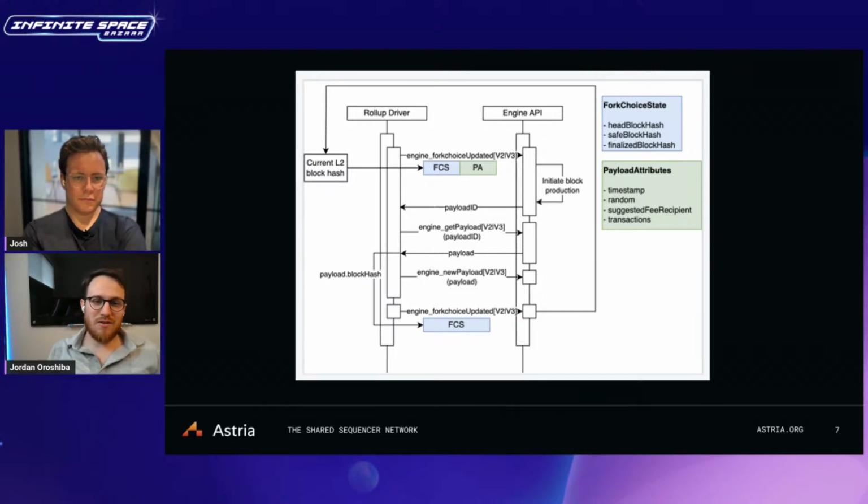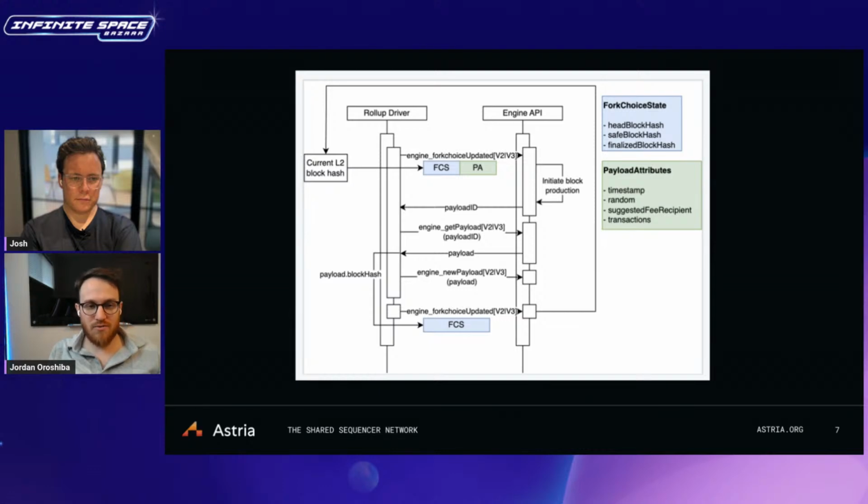But the engine fork choice updated here updates what your canonical head is. It also can initiate block building that happens within the rollup node. You already have a deterministic set of transactions coming out of the Astria sequencer, so you don't really need to initiate block production.